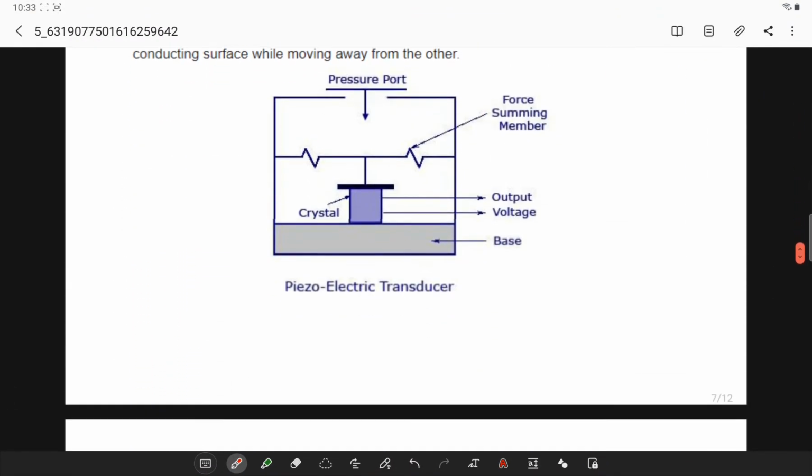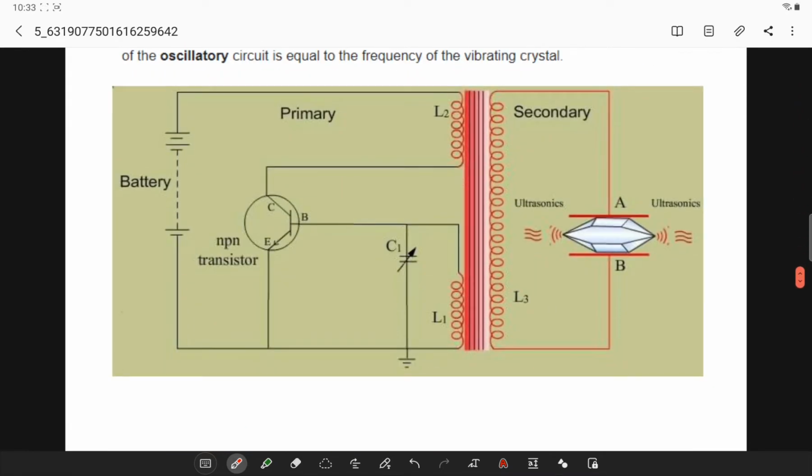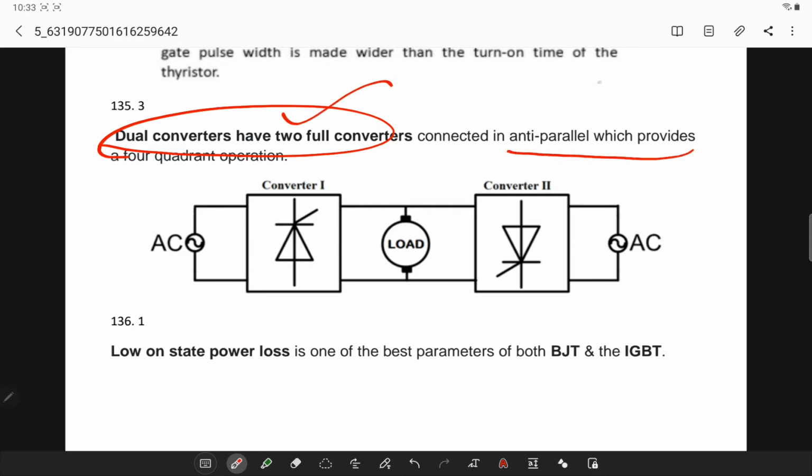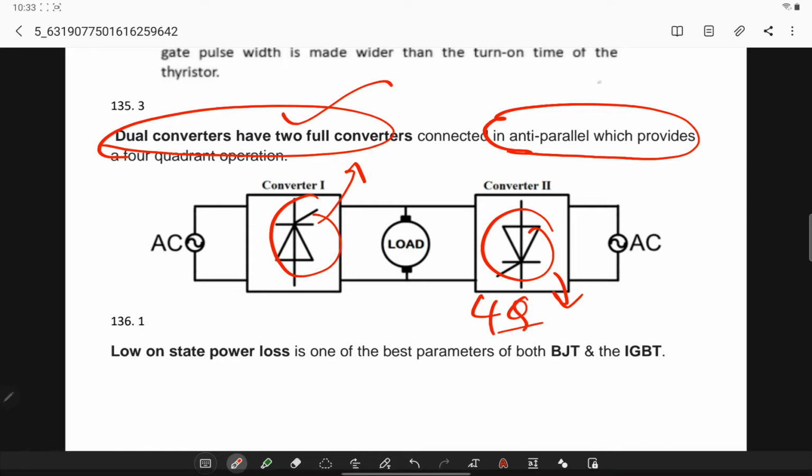This PDF is created by me, which is available in the web link provided in the description. So this is your dual converter, which has an anti-parallel connection. See, this is in this direction, this is in this direction, anti-parallel.